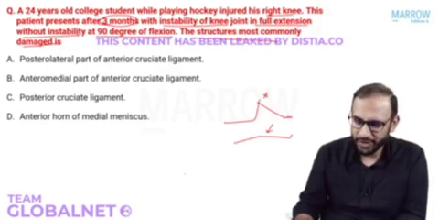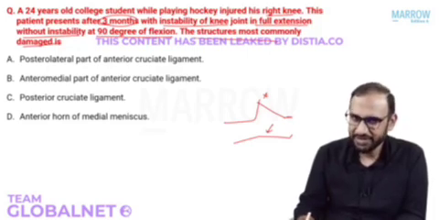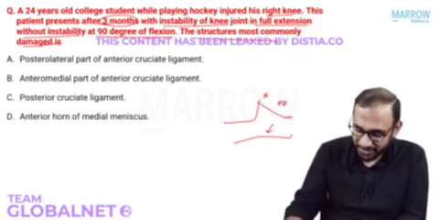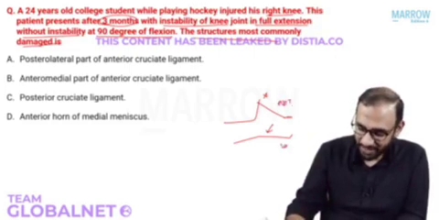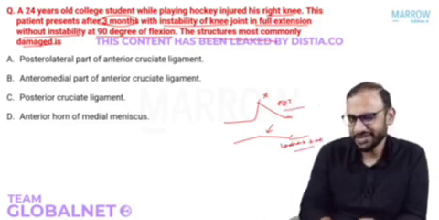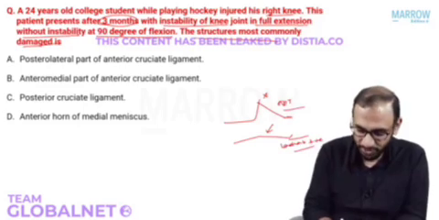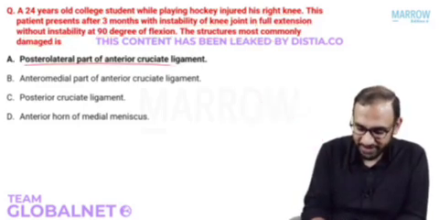So it is basically an ACL tear where anterior draw test is not positive, whereas Lachman is positive. So what is injured? The posterolateral bundle of ACL is injured.